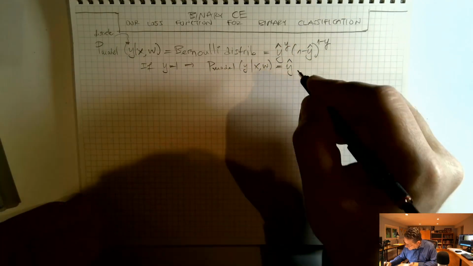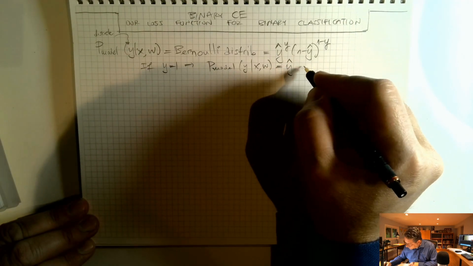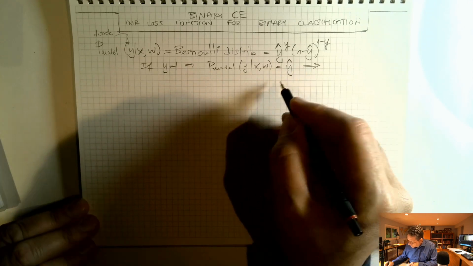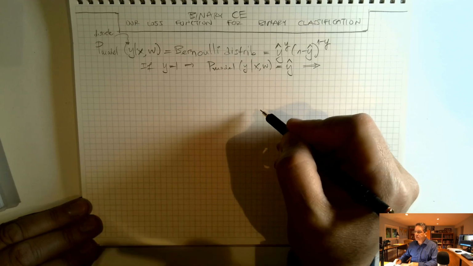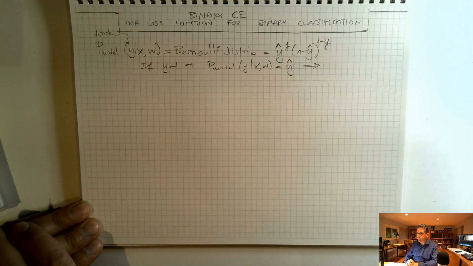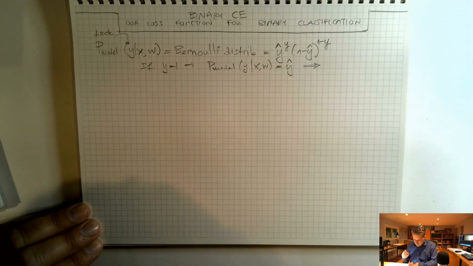And in fact, this is a very important conclusion in a sense that from now on, in binary classification, all I need to produce at the output is a single floating point number between 0 and 1. So it's a probability, so it's going to be between 0 and 1 for sure.